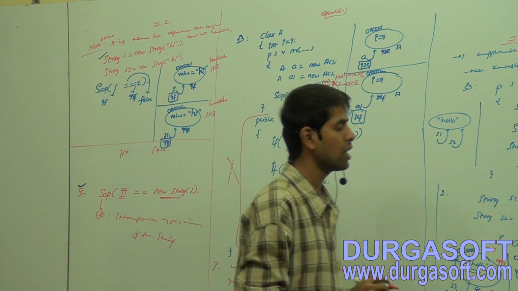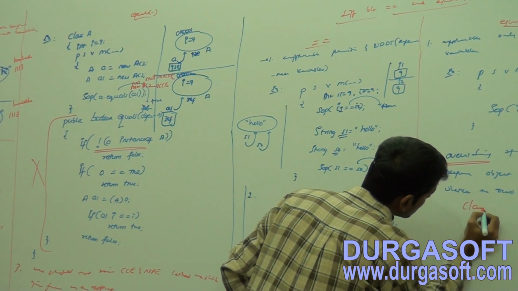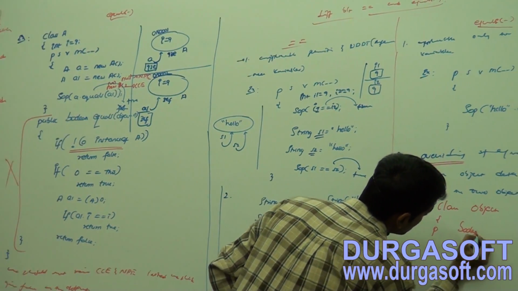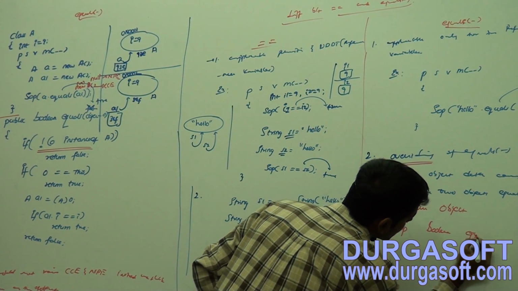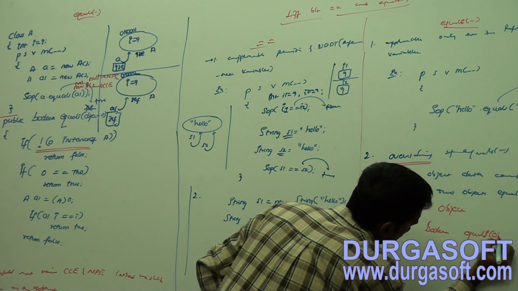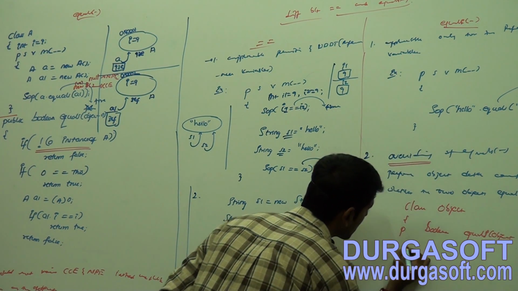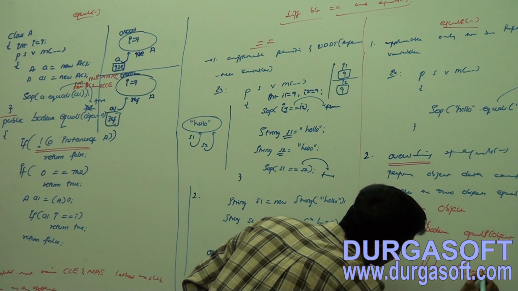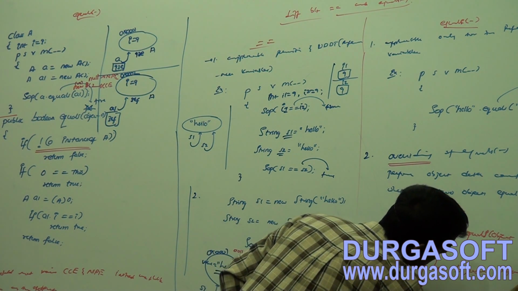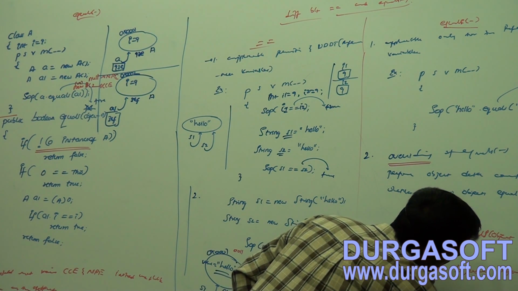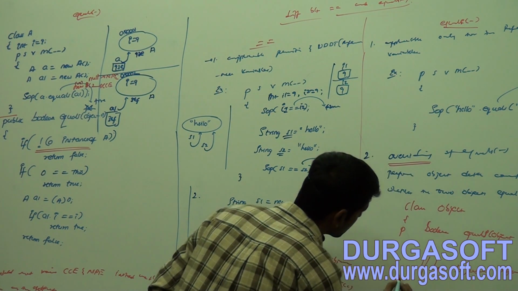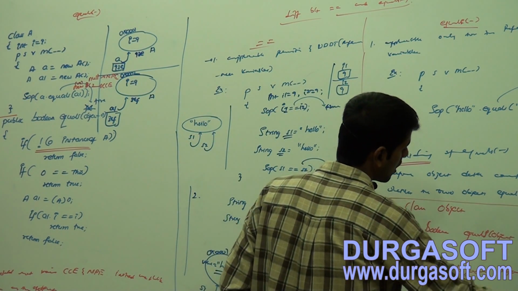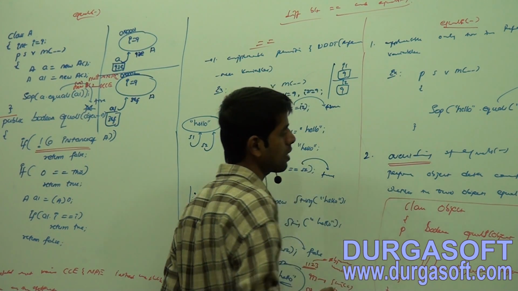In that object class, the equals method has an implementation, that is logic to perform reference variable value comparison, but not object data comparison.